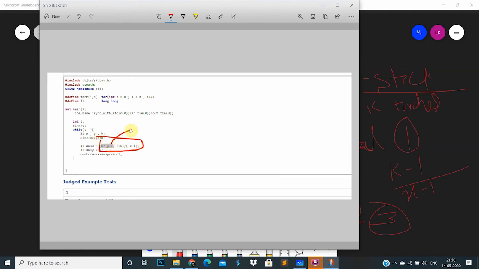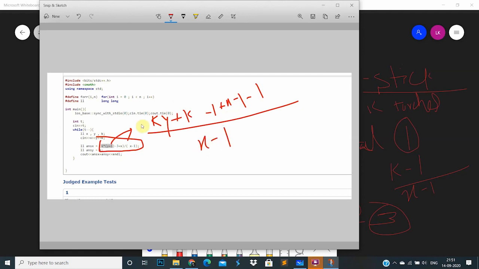So this is k into y plus k minus 1 plus x minus 1 minus 1, upon x minus 1.